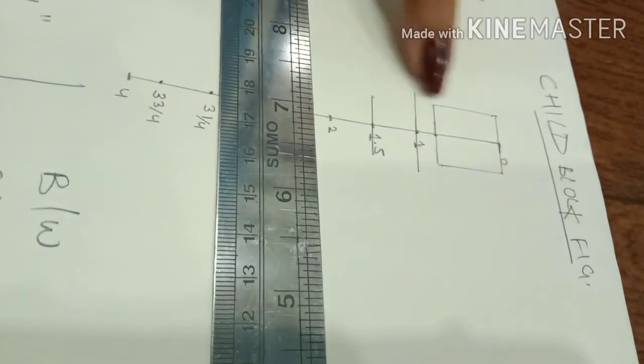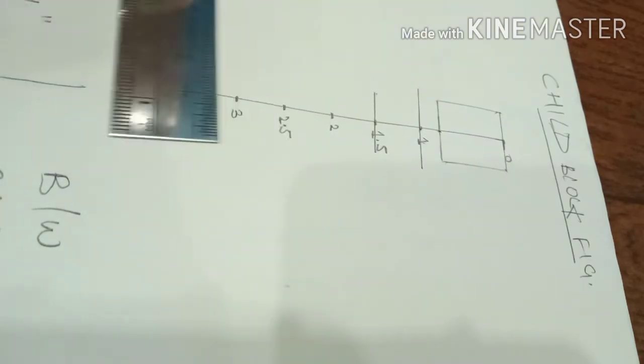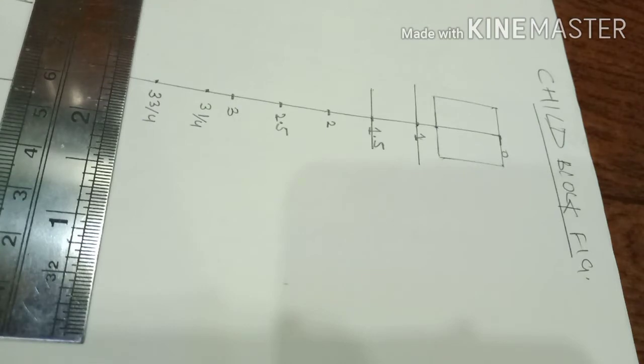So these are our head, shoulder and chest. Next is our waist, which is on 2, that is 2 inches length of waist, and the width is again 3/4.